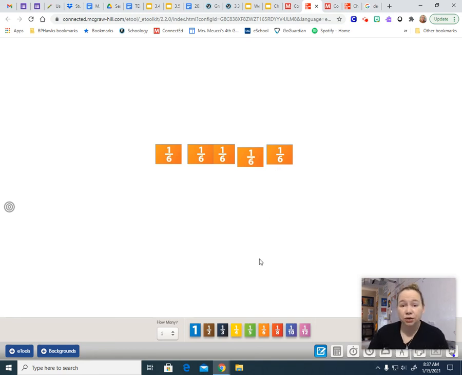And Jack used 1/6 in the first level. So we are going to take away. Remember, subtraction really is taking away. We're going to subtract 1. I'm going to get rid of this one. He used this in the first level. So how many did Jack use in the second level? Well, what are left? 1, 2, 3, 4.